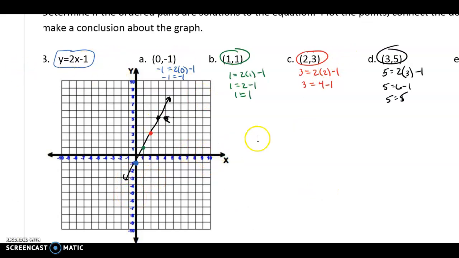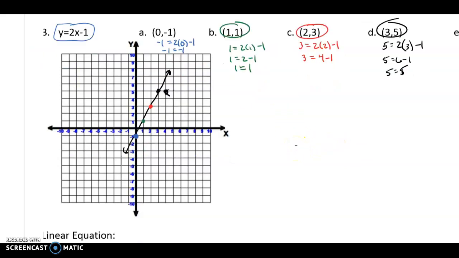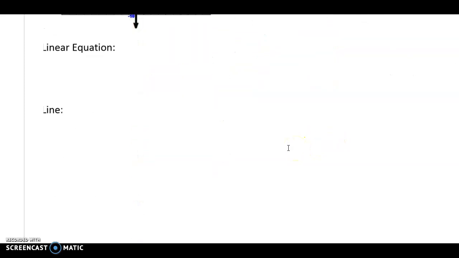That if we take these equations in two variables, and we find all the solutions to that equation in two variables, what does it give us? And what it gives us is a straight line. So this is what we're talking about, a linear equation. And the first form we're going to talk about in a linear equation is point-slope form.